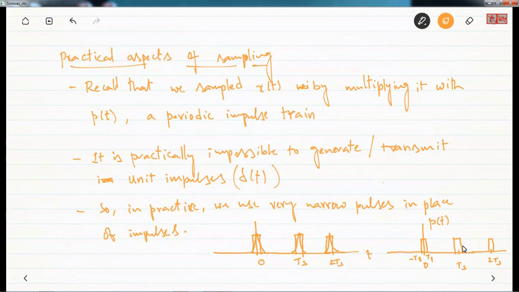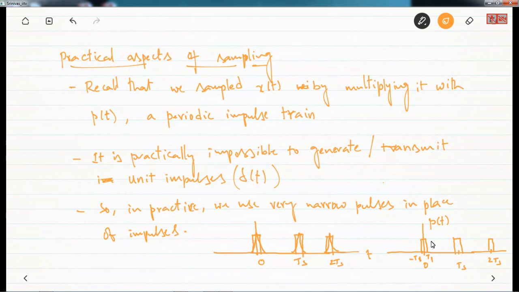As it is practically impossible to generate an impulse having 0 duration, and an impulse has 0 duration in the time domain, it all of a sudden rises and then decays at the same moment. It is impossible to have impulses. We use highly narrow pulses, something like this, and use them for sampling.